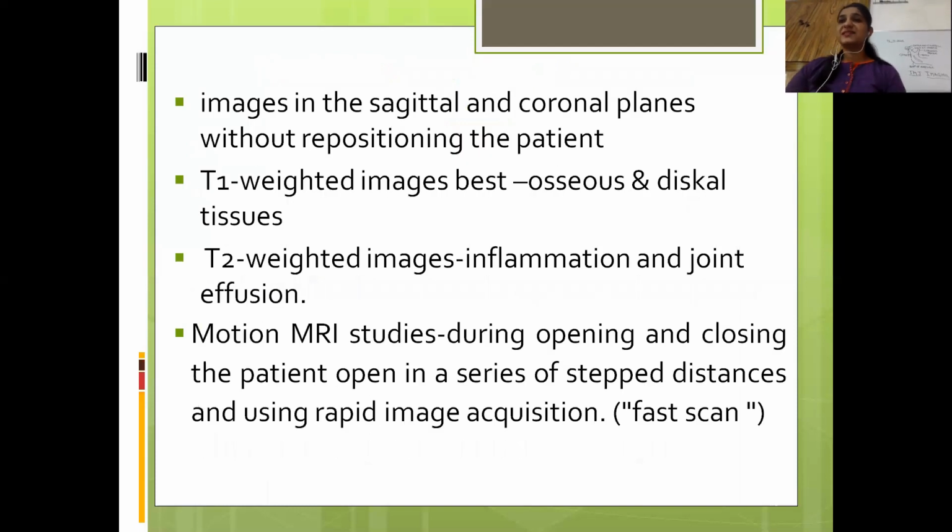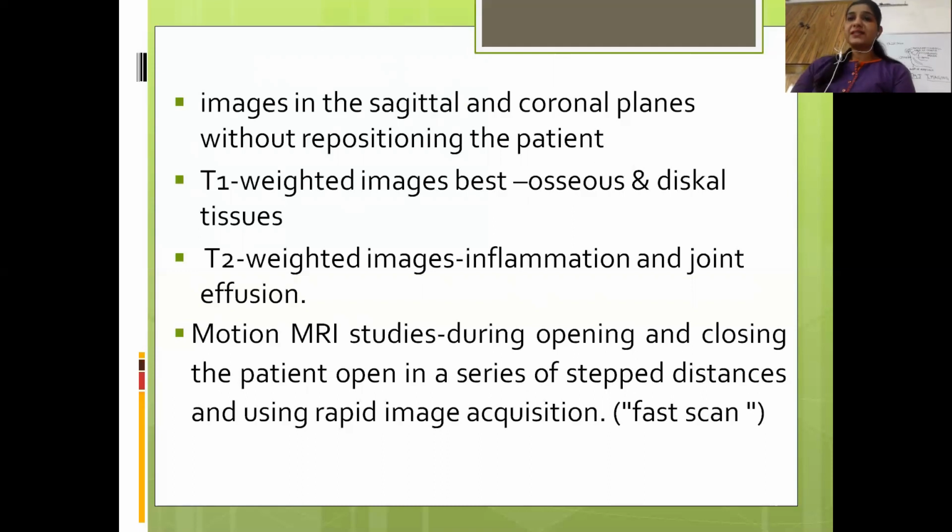Images in the sagittal and coronal planes are taken without repositioning the patient, because the gantry is moving round and round. When we put the patient in the gantry, the MRI system involves all the planes, that is the sagittal, the coronal and the axial, and we are very well able to see all these parameters of the TM joint.